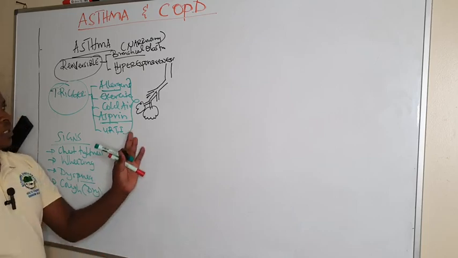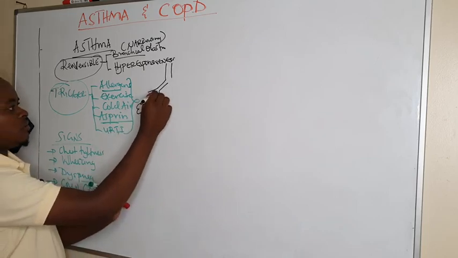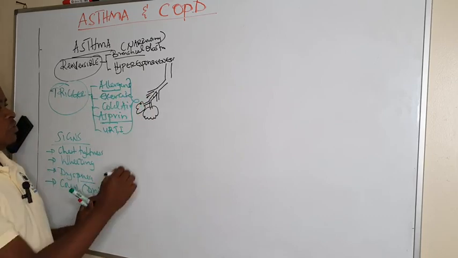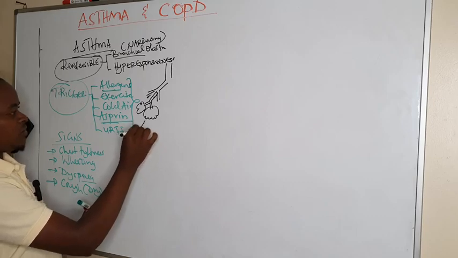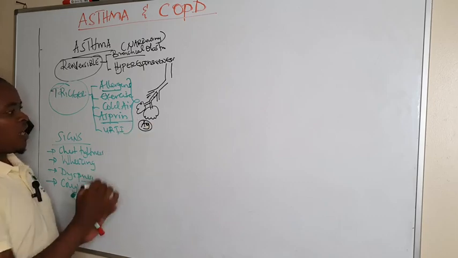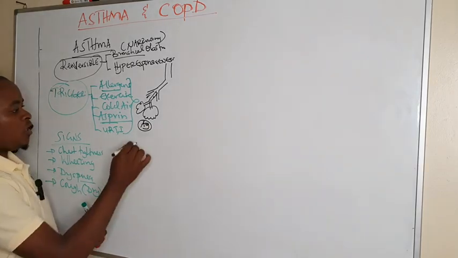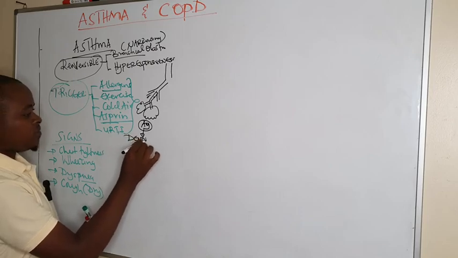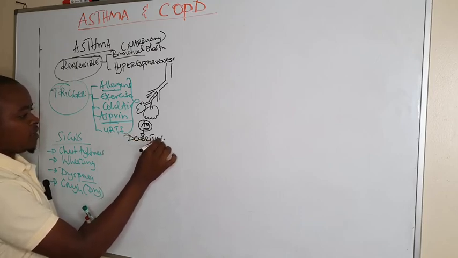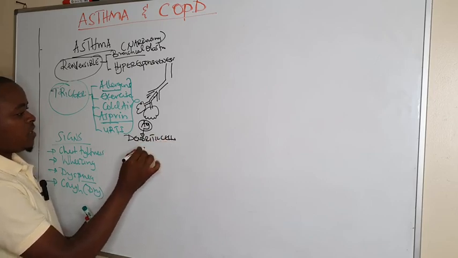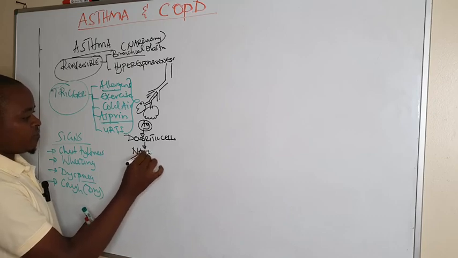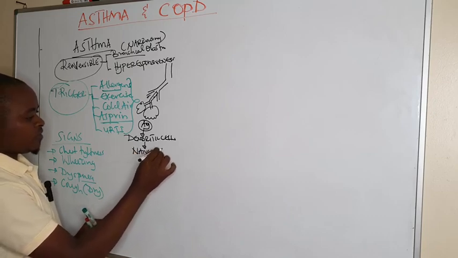So we're going to see that within the bronchioles, there is presence of allergens, which we can call antigens. These allergens, which are foreign, they are going to activate the dendritic cells. And these dendritic cells go and attach to the naive T lymphocytes.